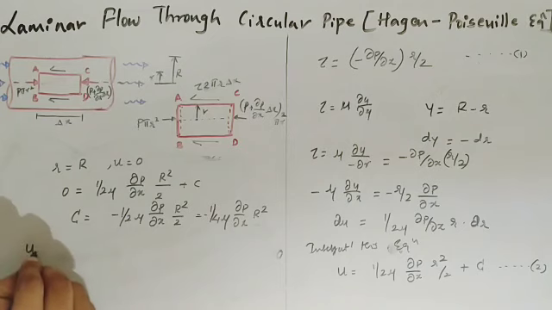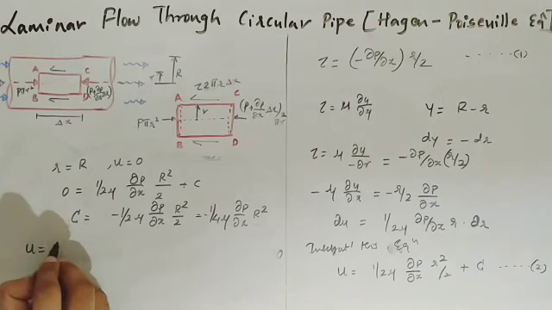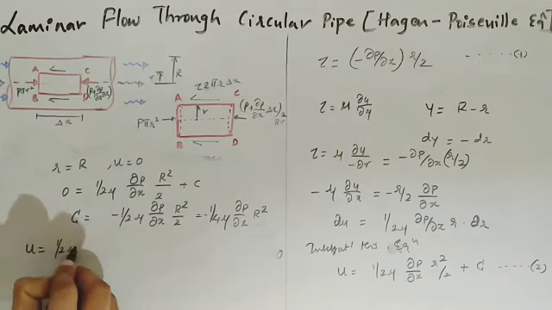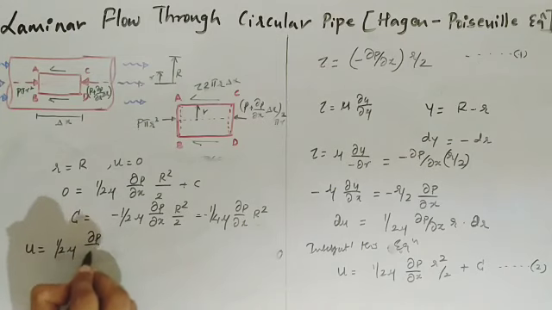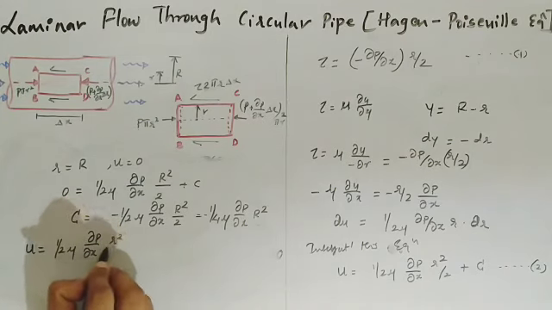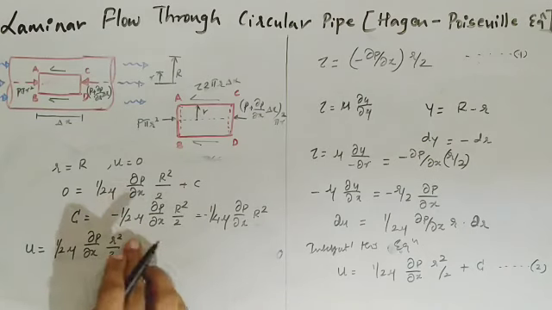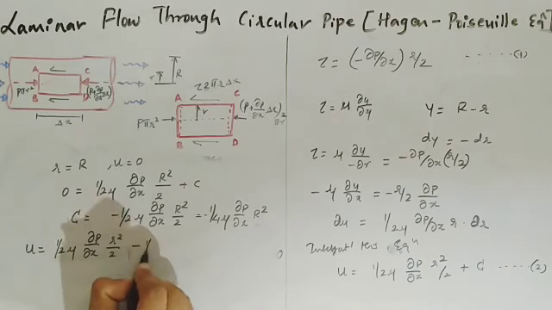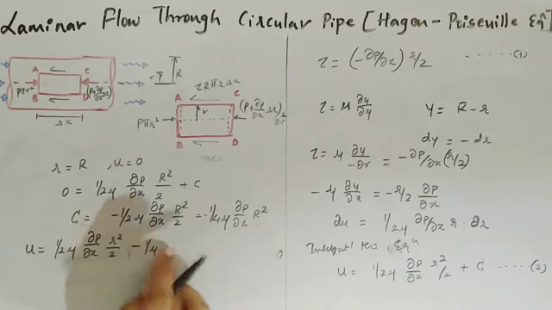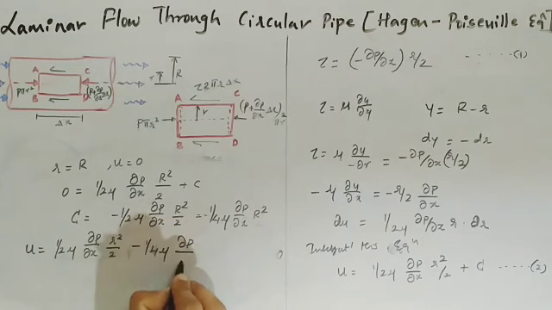So u will be equal to 1 by 2 mu dou p by dou x r square by 2 plus, minus is there, I will directly write it, minus 1 by 4 mu dou p by dou x R square.